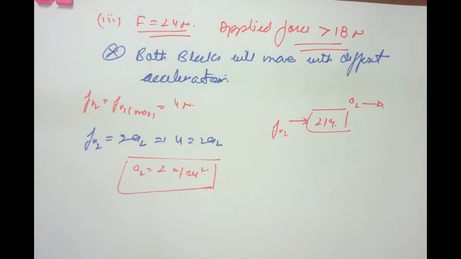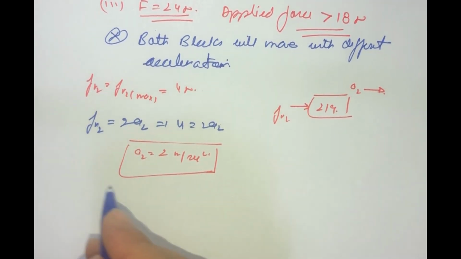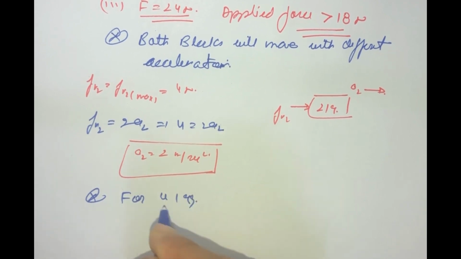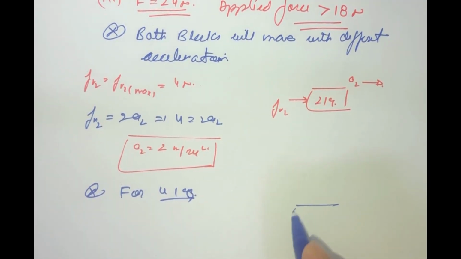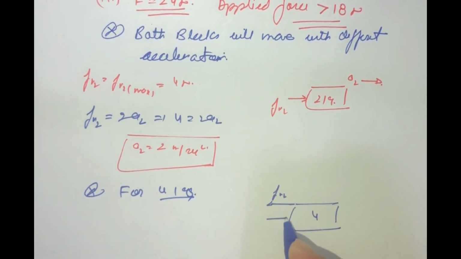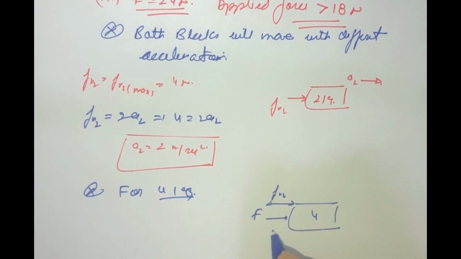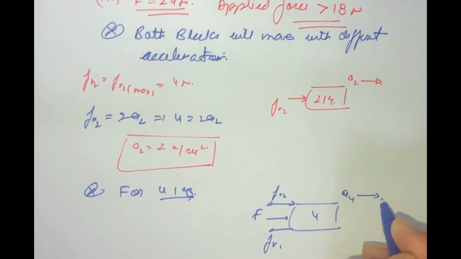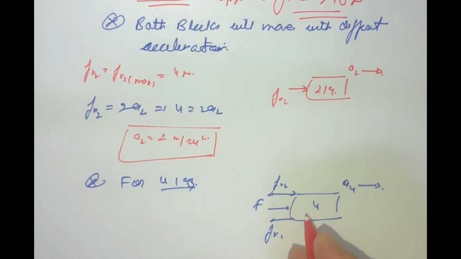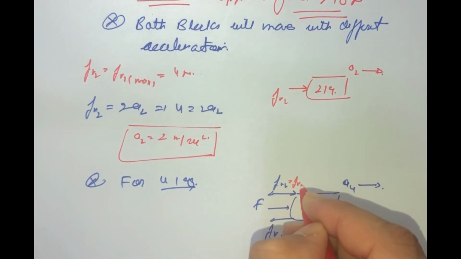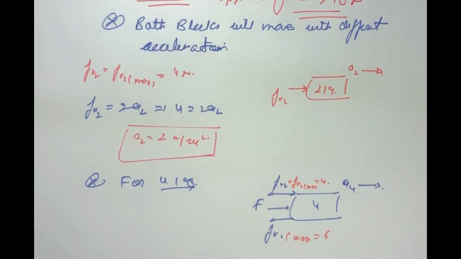And for 4 kg, we have this Fr2, applied force is F, we have Fr1, and let us suppose acceleration is A4, and here the Fr1 will be equal to Fr1 max, which is equal to 6 Newton, and Fr2 is Fr2 max, which is equal to 4 Newton.